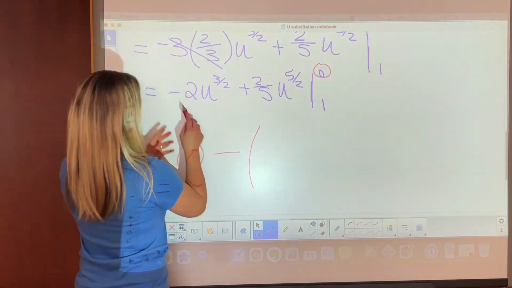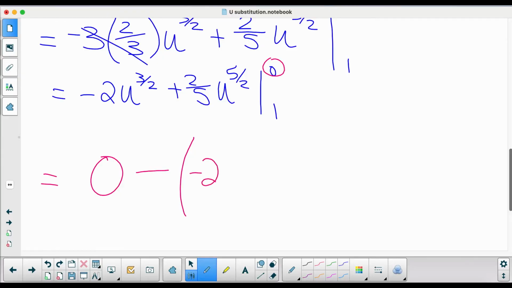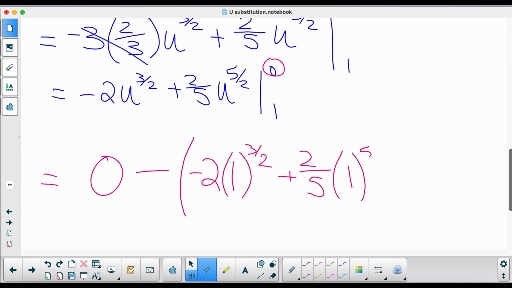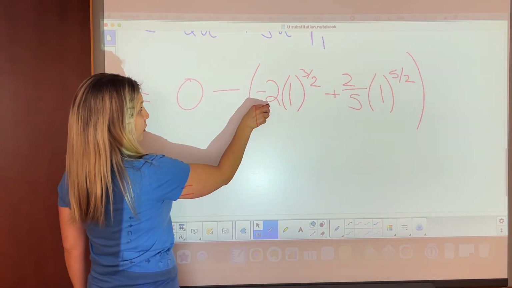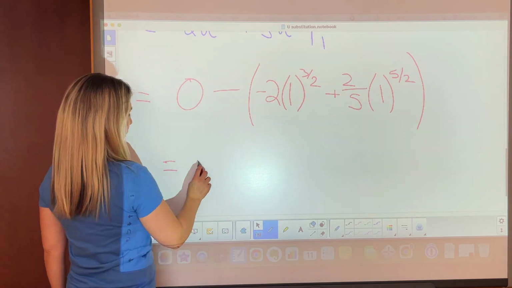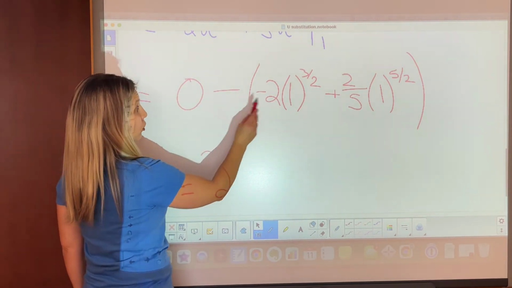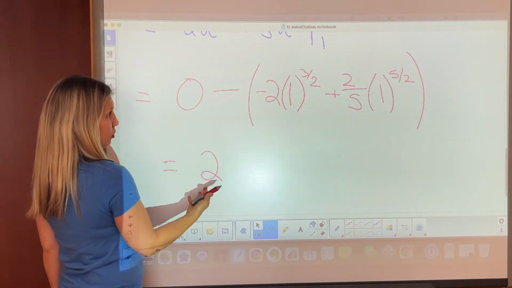Minus, so this was a -2, now I'm plugging in 1 to the 3/2, plus 2/5, 1 to the 5/2, end your parenthesis. So equals, I'm going to distribute the negative. Negative times the negative is going to make that a positive, and that's going to be a +2, because 1 to any power is 1, 1 times 2 is 2.